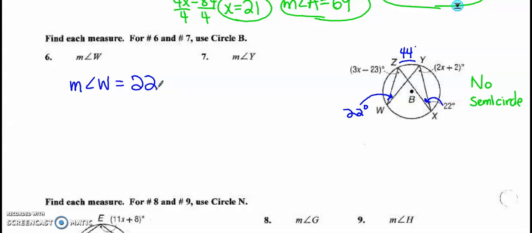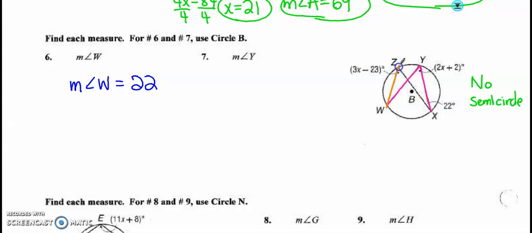All right? Now I'm going to get rid of these markings to show you how to find Y. Because if you look at Y, that's in here, right here. I'll use pink this time. Inscribed angle Y is right here. I'm going to grab orange.